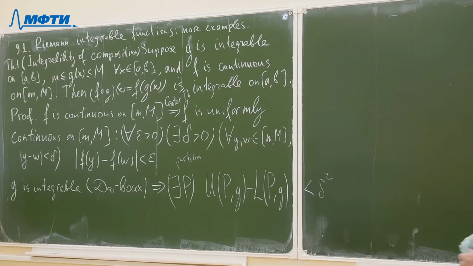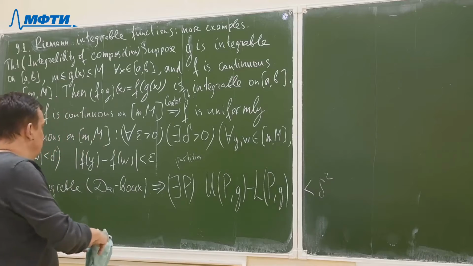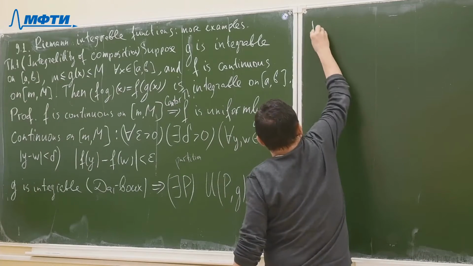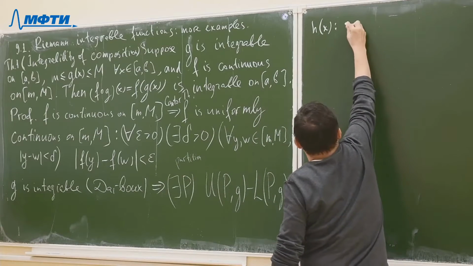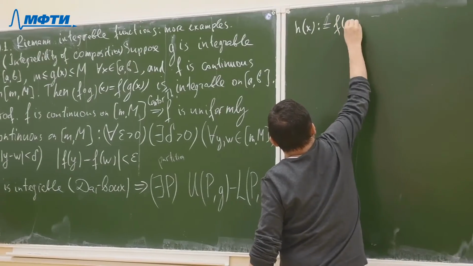Okay, now let me introduce the notation: h of x is by definition f of g of x.